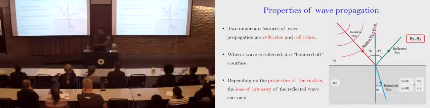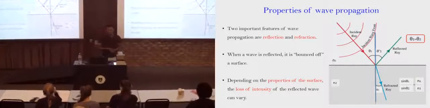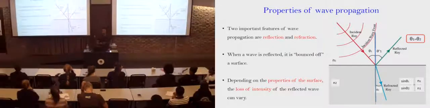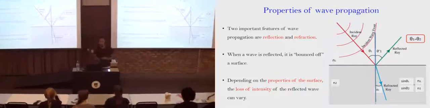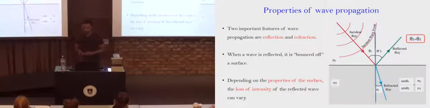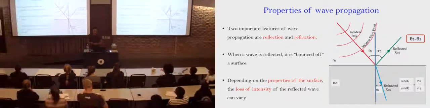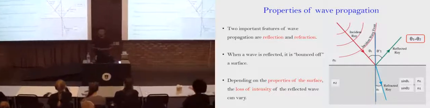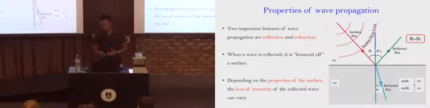When a wave is reflected, it bounces off a surface, and the amount of reflection and the loss of intensity depend on the property of the surface or the difference of density between two mediums. So two properties can explain wave propagation: reflection and refraction.